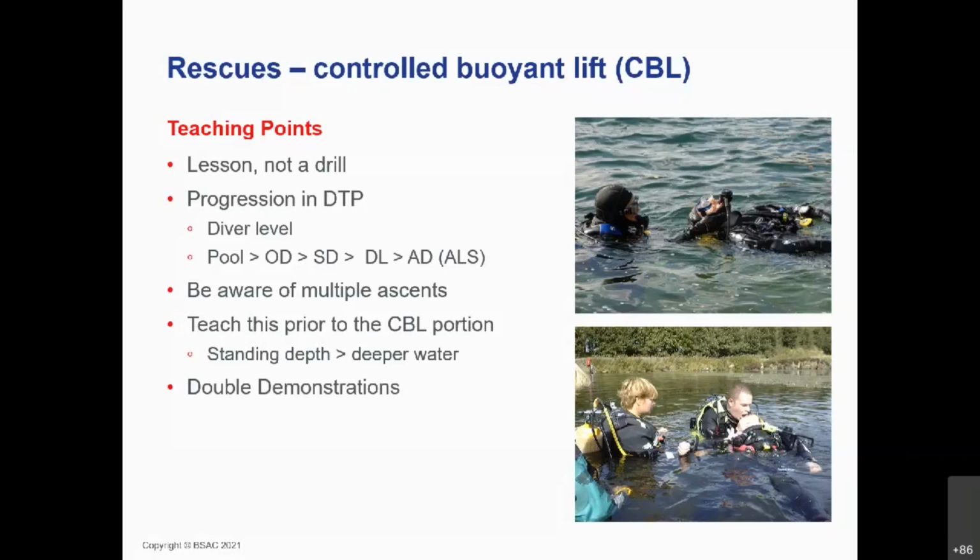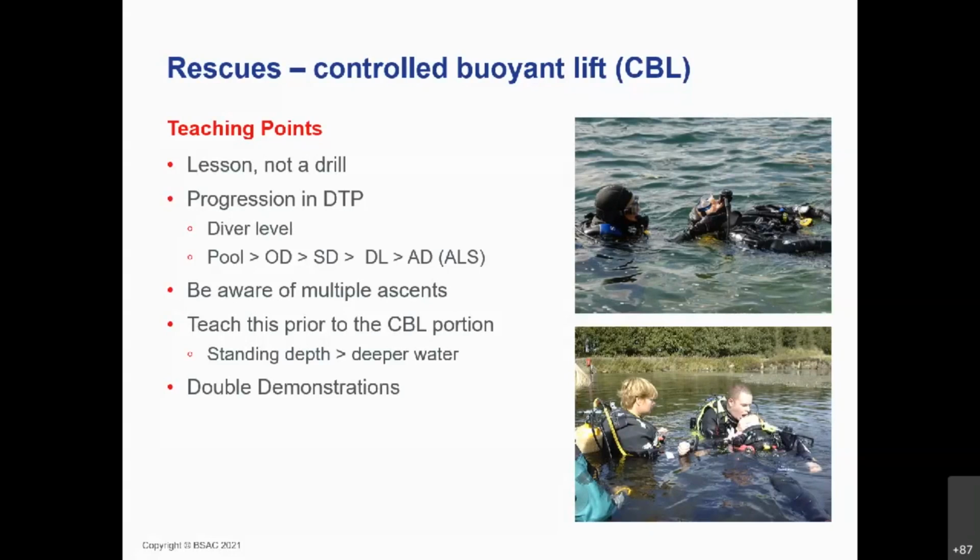Again, and this is probably even more critical here, is the double demonstration. When I'm teaching this, I need to be aware that I'm always going to have one casualty who's only hearing half of what I say because his ears are under the water. He can give me good feedback on his neck extension and whether the seal on his nose was good, or she can, and that's about it.